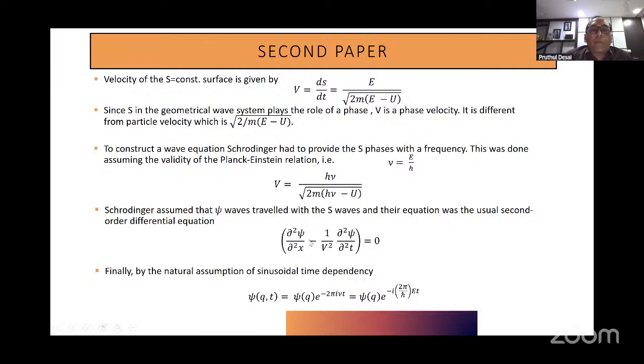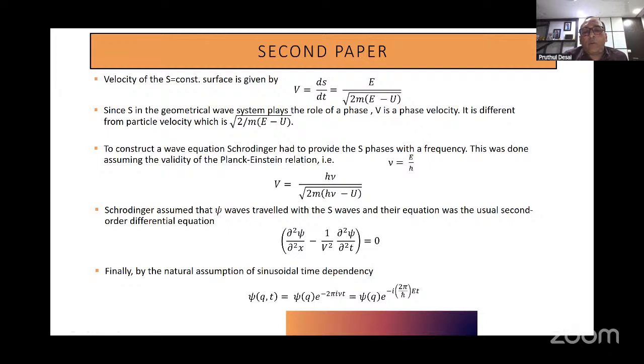So this is the wave equation, where V is the velocity or the phase velocity. He assumed that naturally psi(q,t) can be represented as a sinusoidal function of time. So if I write it as a product of one wave function which is a function of only q, then the second part will be the time dependent part.